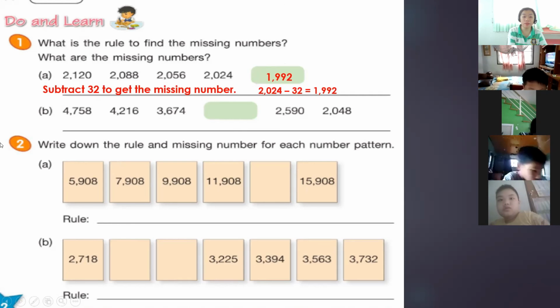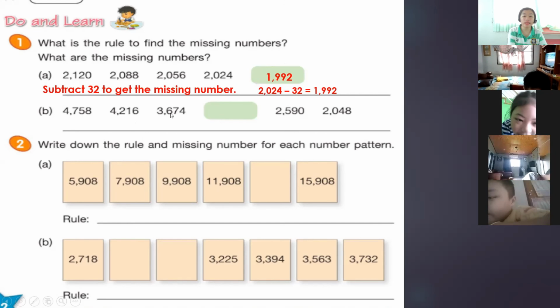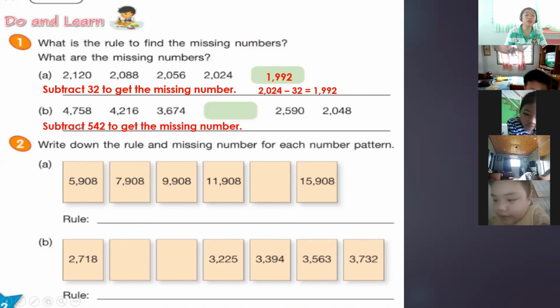Okay, so for letter B, we have the numbers 4,758, 4,216, 3,674, blank, 2,590, and 2,048. So what is the rule to find the missing number? The rule is we have to subtract 542 to get the missing number.